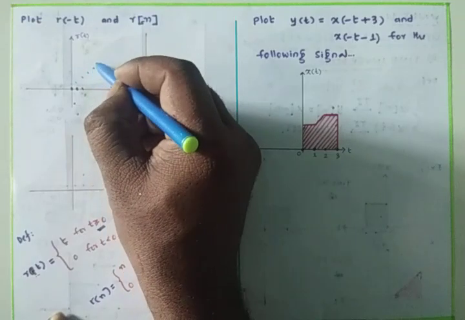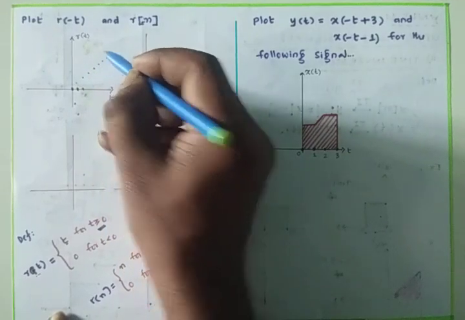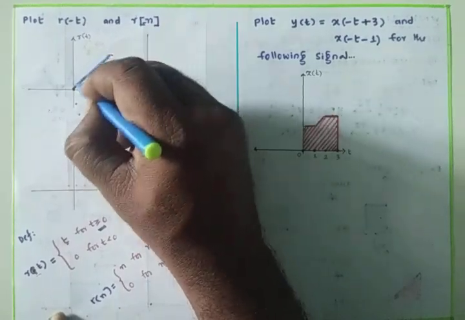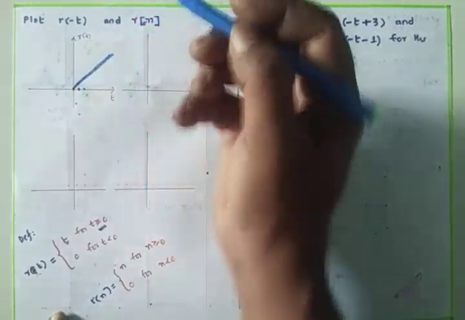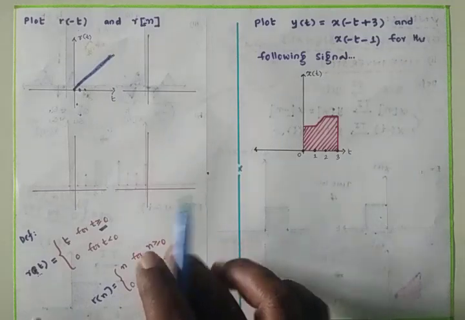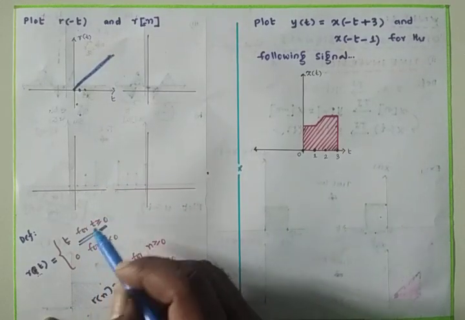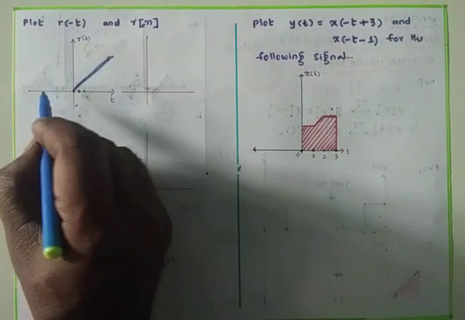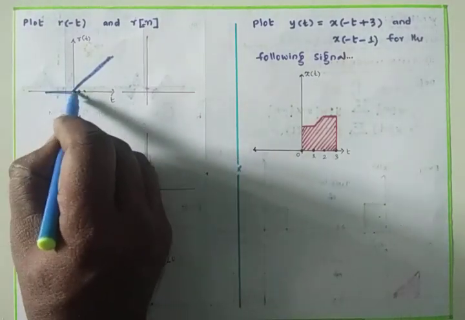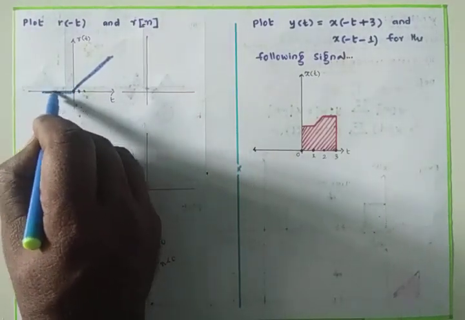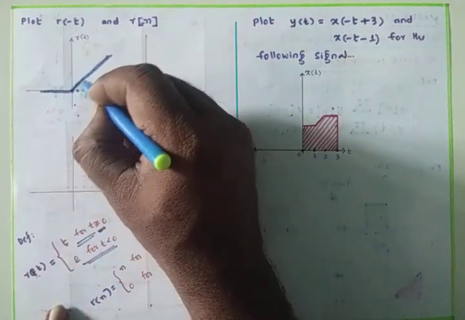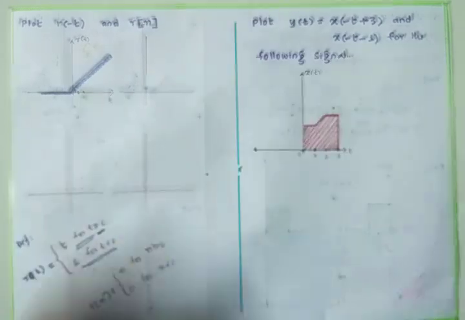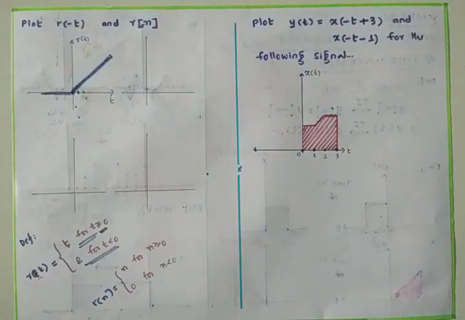Like that, it is a linearly increasing signal. As the t value increases, the signal also increases for t greater than or equal to 0. For t less than 0, amplitude is 0. So the signal will be like this. This is r of t.